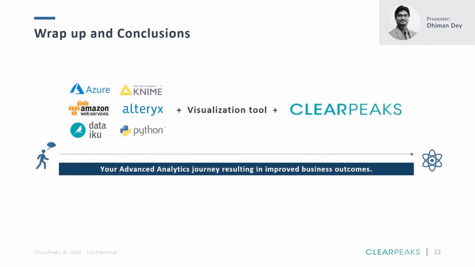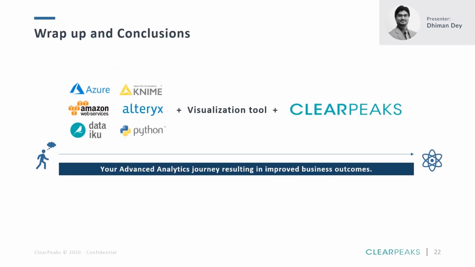So all in all, in your journey, you need 3 things. One is a platform which can do your machine learning and AI stuff. One is a visualization tool, which can be either OBIE or Tableau or Power BI or Qlik or any sort of visual tool for that matter.